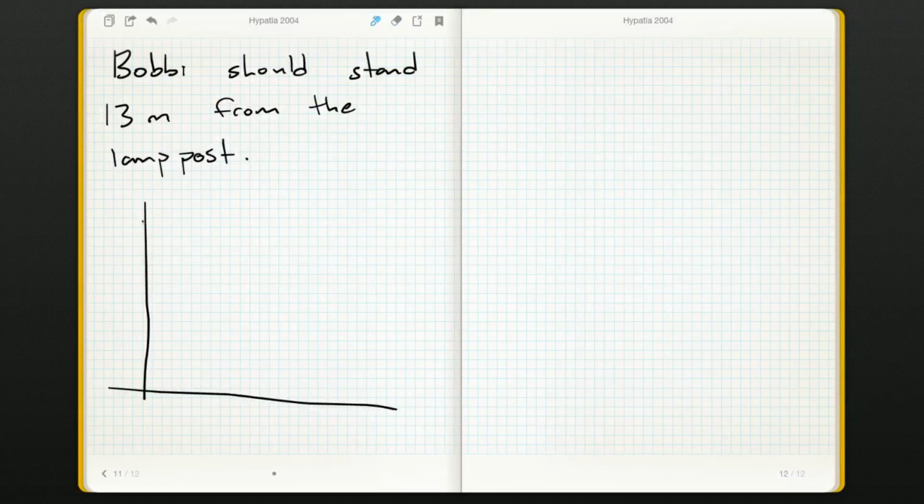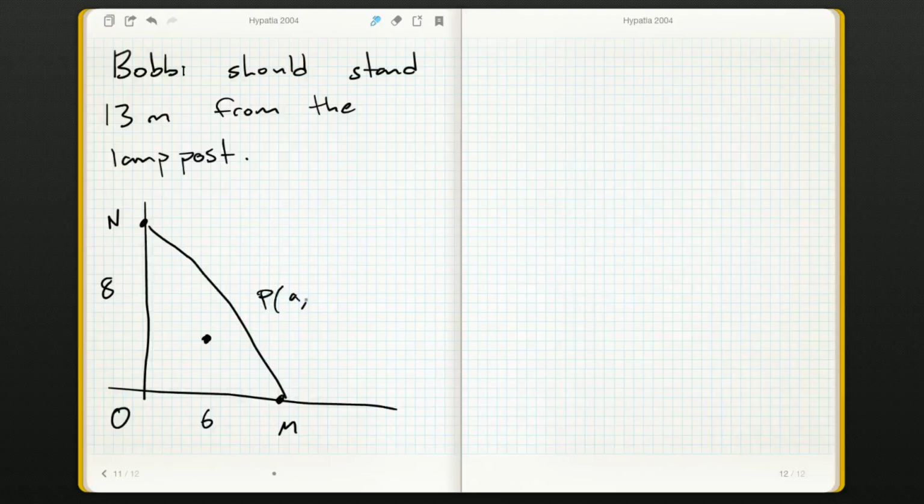So we have N up here. I don't really care about its coordinates per se, but I can quite quickly see that we have length 6 here and 8 here. That's not so bad. So we have this point P in here, and we make 3 triangles.